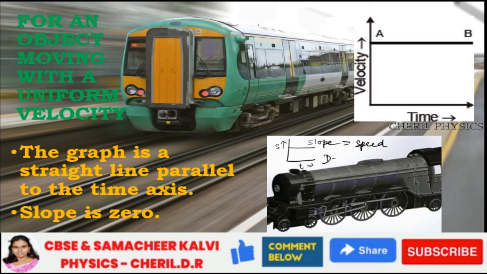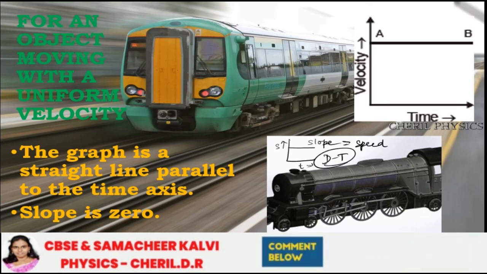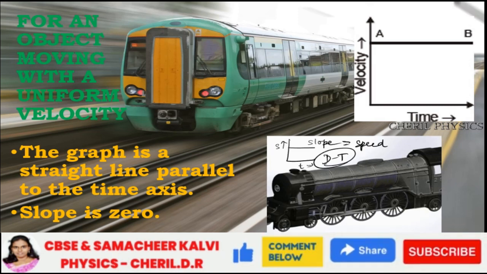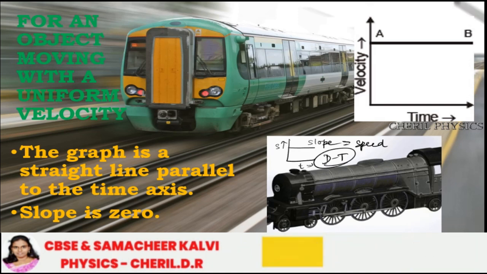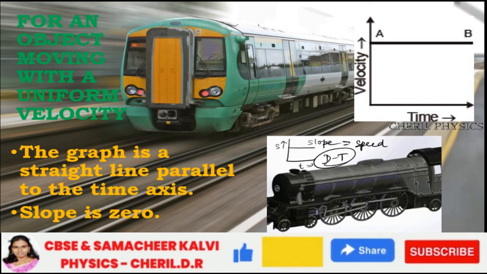Here we don't talk about stationary objects, because this is a velocity time graph. When will you plot a velocity time graph? Only when the object is in motion, because if the object is stationary, the velocity will be 0 and your graph will be on the x-axis only.